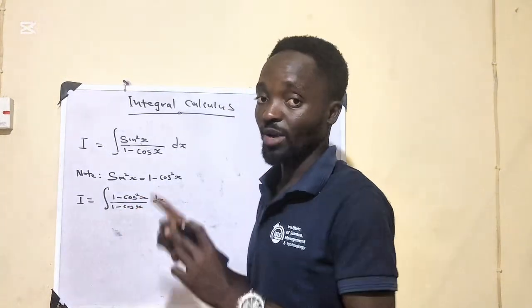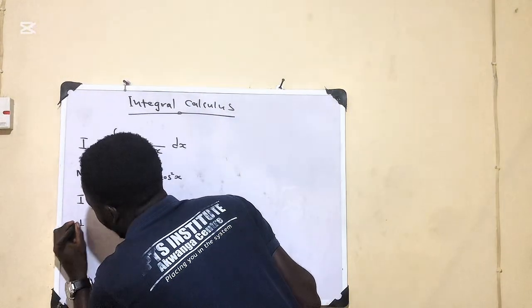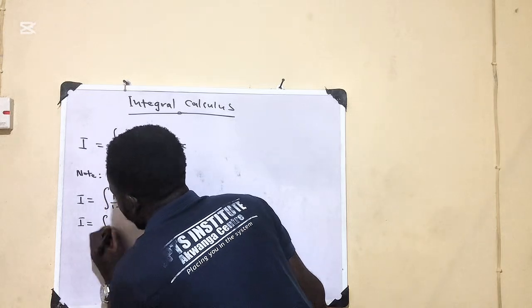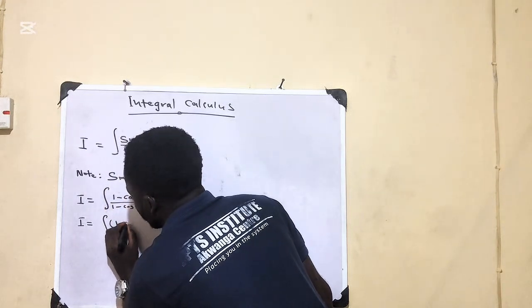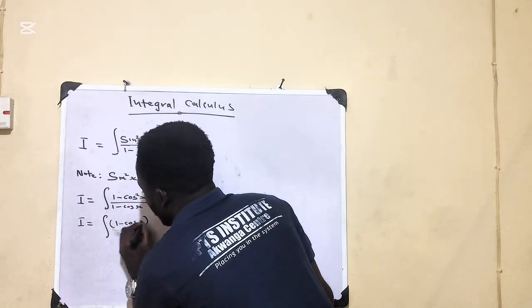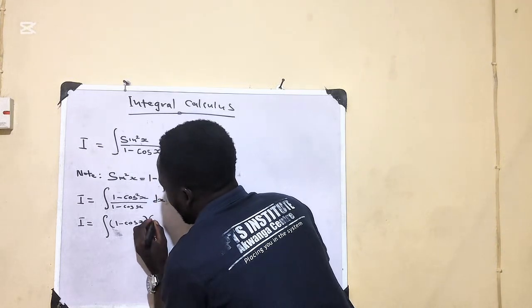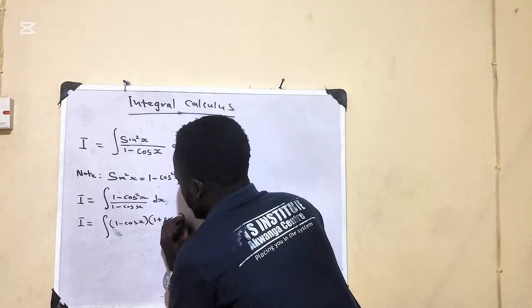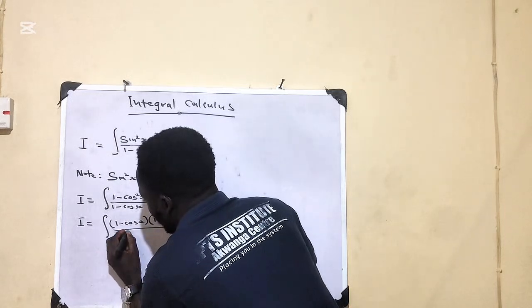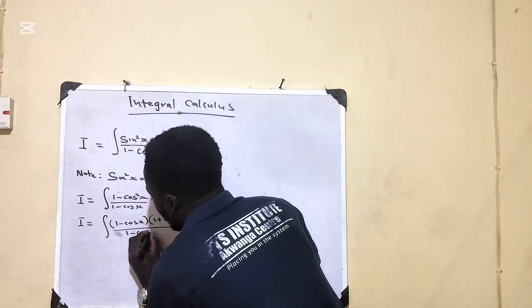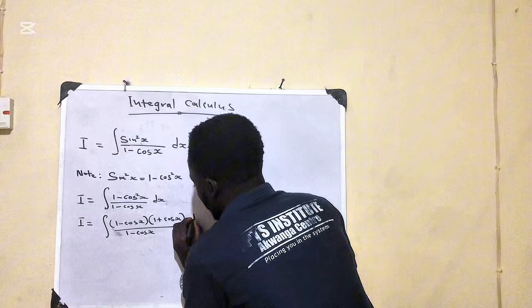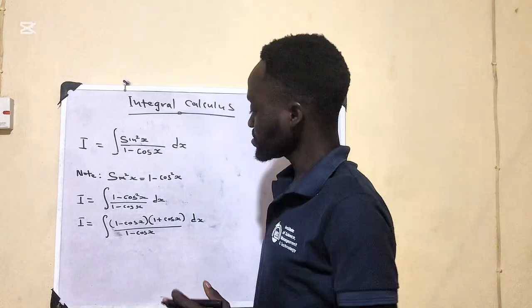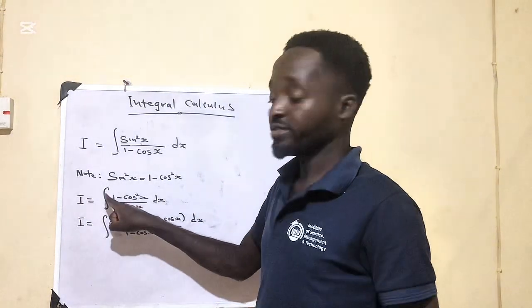You see there is a square, so we expand it: I equals the integral of (1 minus cos x)(1 plus cos x) over 1 minus cos x dx.